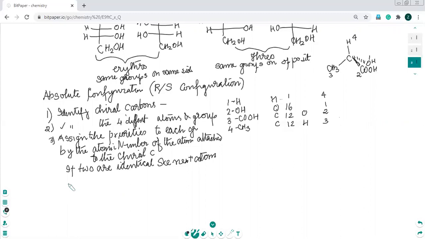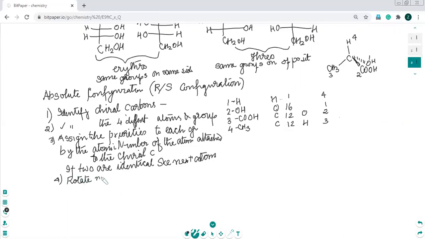Now, the most crucial step is this one, which many students forget. Rotate the molecule. Don't break the bond.